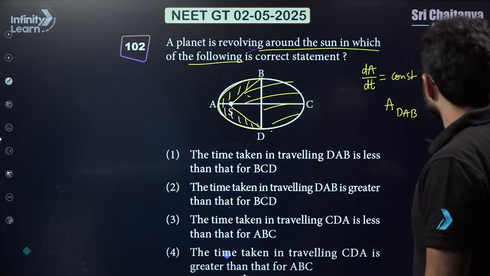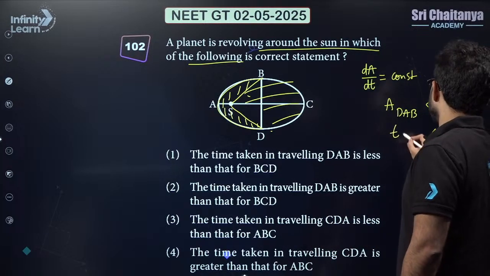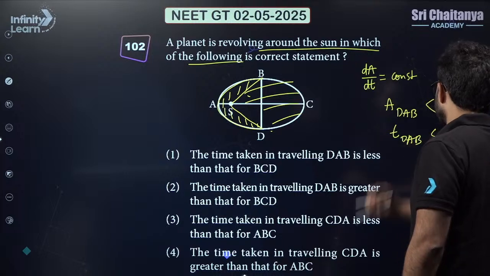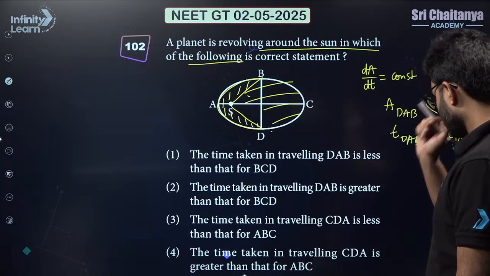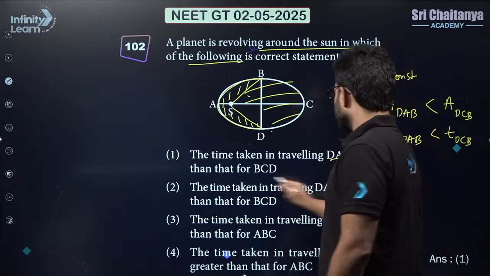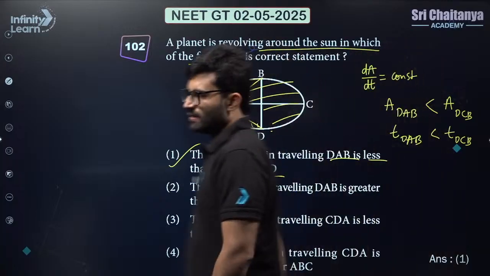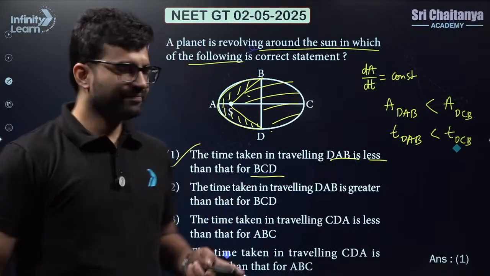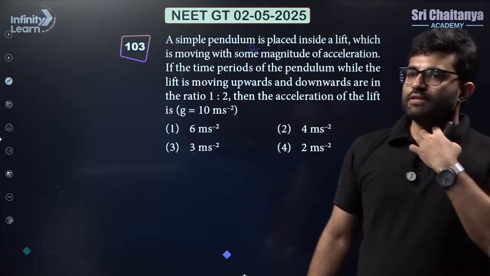So time taken by DCB has to be greater than time taken by DAB. Is there any option like this? Time taken by DAB is less than DCB, whatever it is. So the first option is correct, right? Clear? Next question. What is the next question?